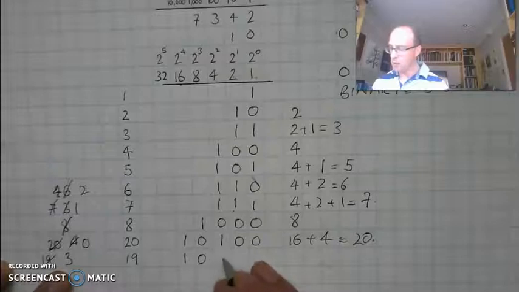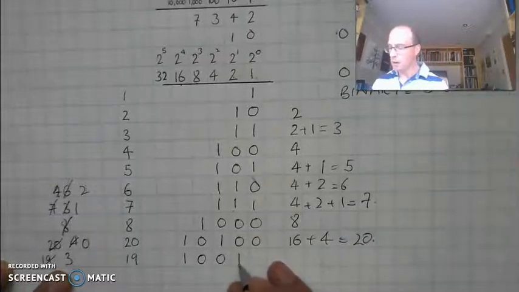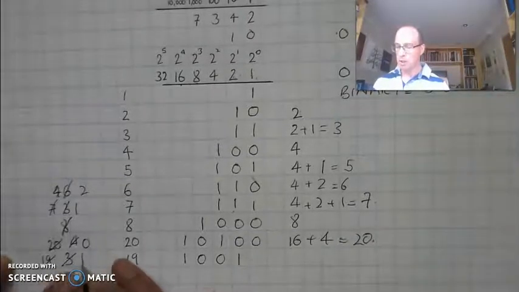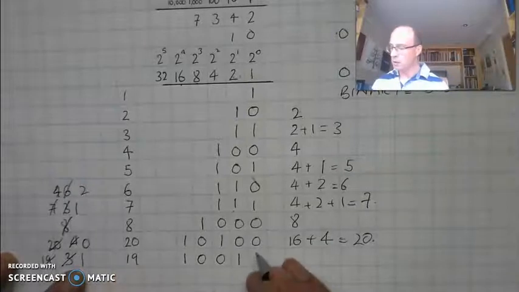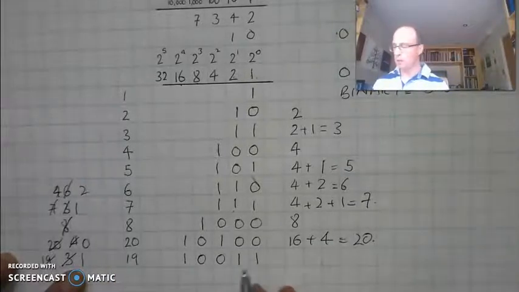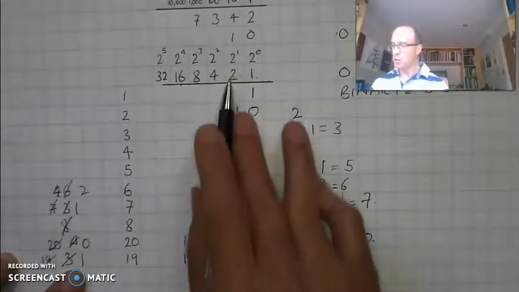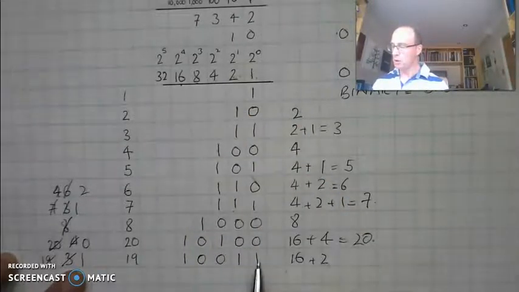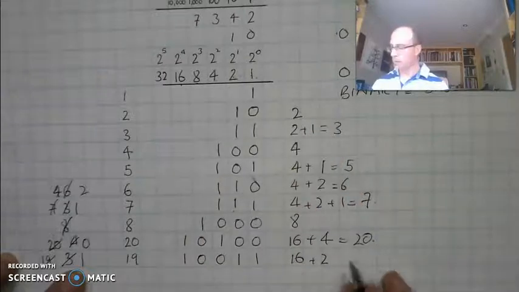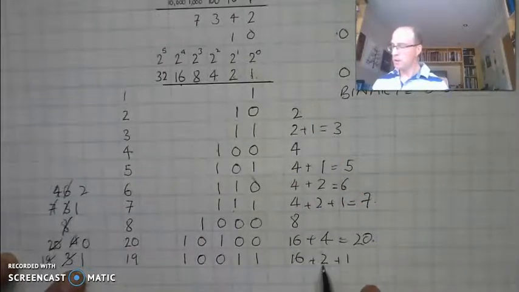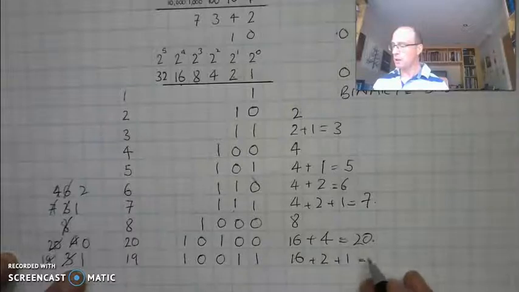So no 8's, no 4's. I'm going to need 1, 2. That leaves me 1 still to place. That's my 1 in my final column. So I've got 1 16, I've got 1 2, and I've got 1 1. 16 plus 2 is 18 plus 1 is equal to my 19.